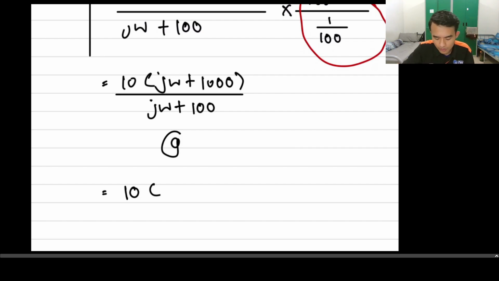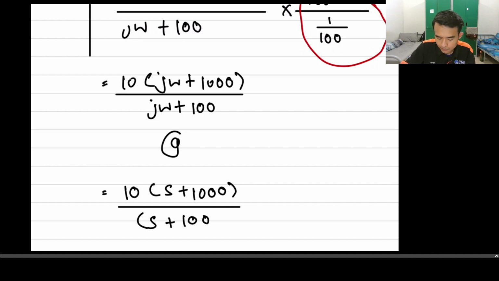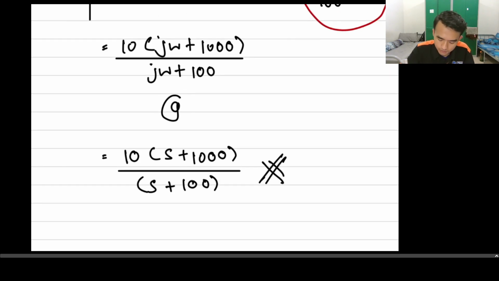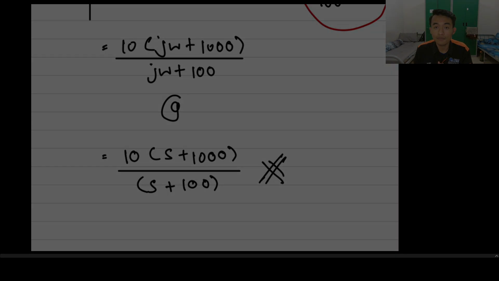So 10 times (s + 1000) over (s + 100). So this is the final answer. So that's all from me. Next, my partner Danish Azizi will present the discussion and conclusion.